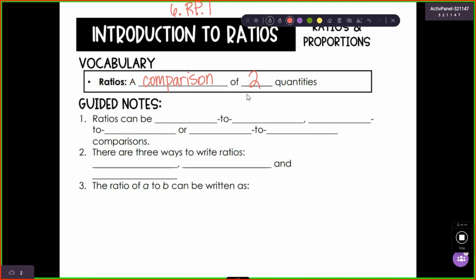All right. So guided notes. Ratios can be part to part. So that's one thing they can be. They can be part to part.